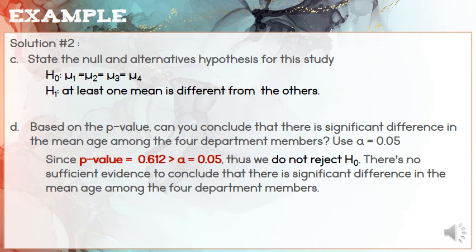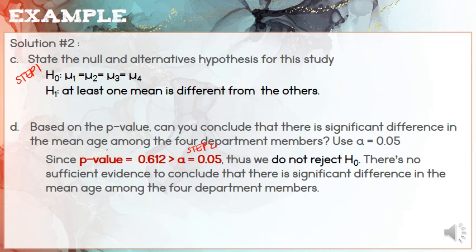Okay, for D, based on the p-value, can you conclude that there is a significant difference in the mean age among the 4 department members using alpha 0.05? So similarly, it is actually asking us to do hypothesis testing, which has 5 steps. So this is the first step we did above. So step number 2, what is our alpha?